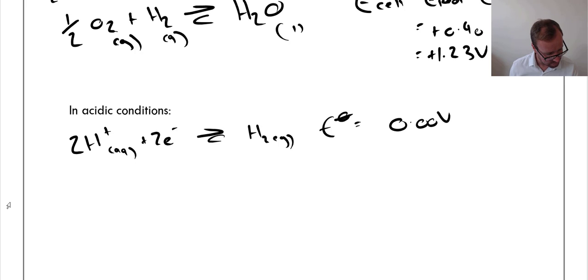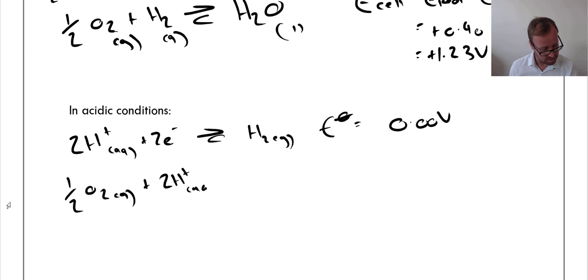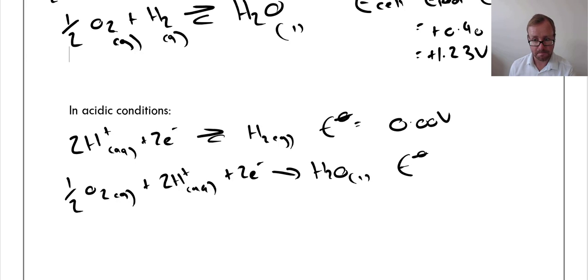And what's our other equation? Half O2 gas plus 2H+ plus 2e- goes to H2O, this is a standard equation, now plus 1.23 volts.